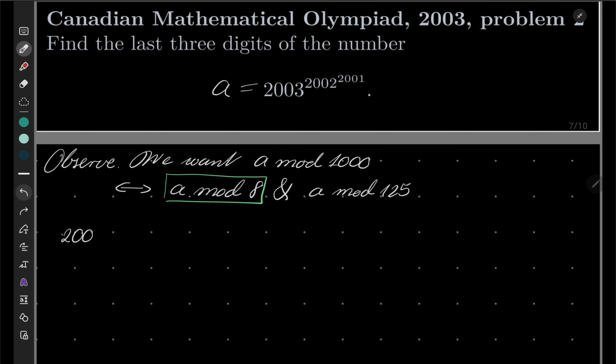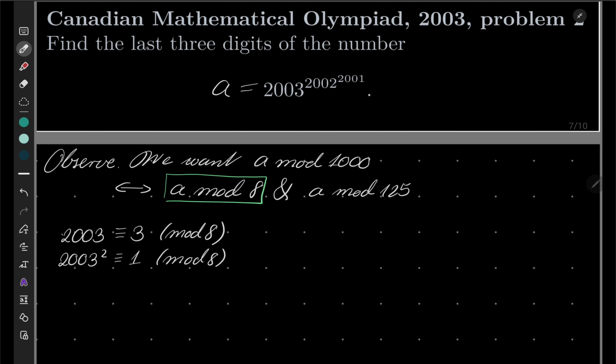2003 is congruent to 3 modulo 8, and after squaring both sides we will have on the right hand side 9, but 9 is congruent to 1 modulo 8.